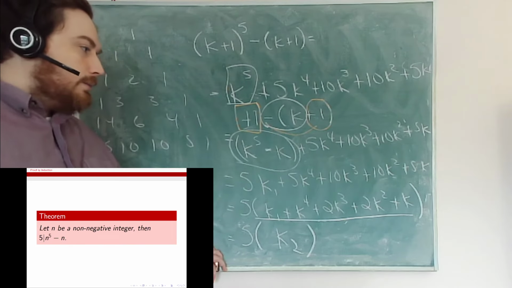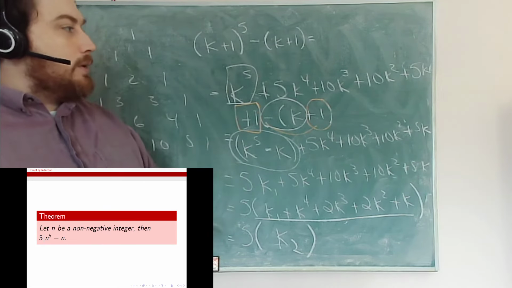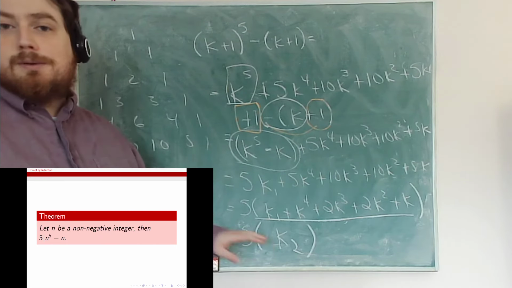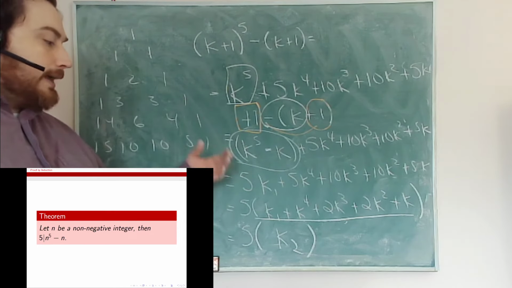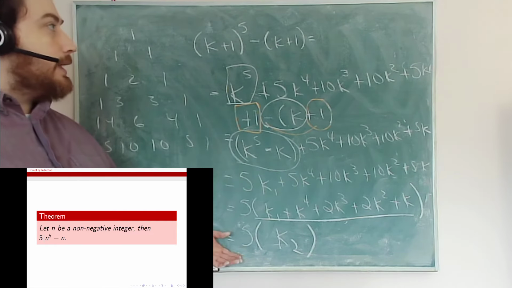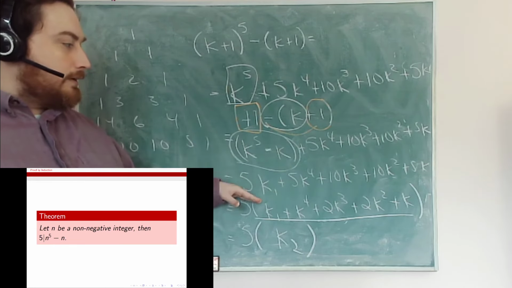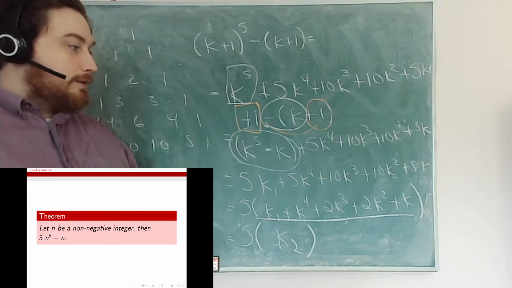So what I found is that k plus 1 to the fifth minus k plus 1 is indeed divisible by 5 because it's equal to 5 times some integer. So remember, that's what we were trying to prove, was that we got to assume that k to the fifth minus k was divisible by 5. We were able to prove that k plus 1 to the fifth minus k plus 1 was divisible by 5.